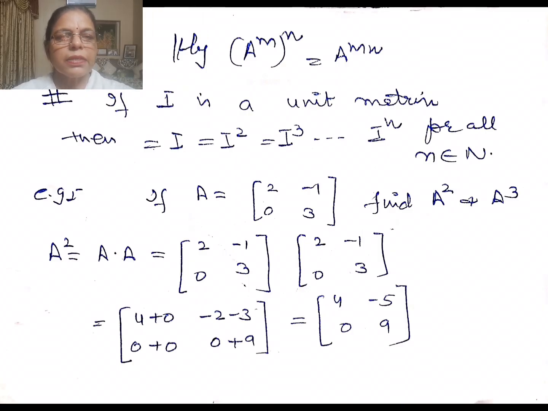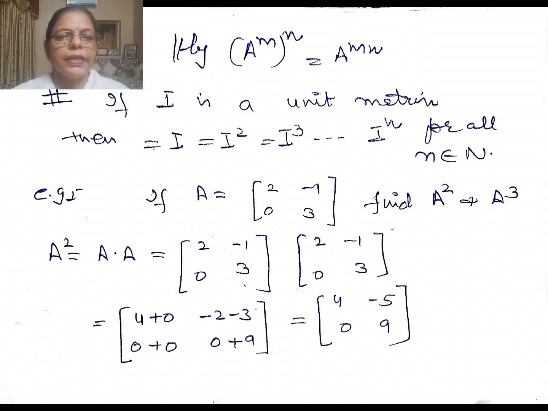If we are given the matrix A, with first row 2 minus 1 and second row 0 3, of order 2, find out A square and A cube. Now A square is equal to A into A. By matrix multiplication, we get [2 -1; 0 3] into [2 -1; 0 3], that is equal to [4+0, -2-3; 0+0, 0+9], and the resultant matrix is equal to [4 -5; 0 9].